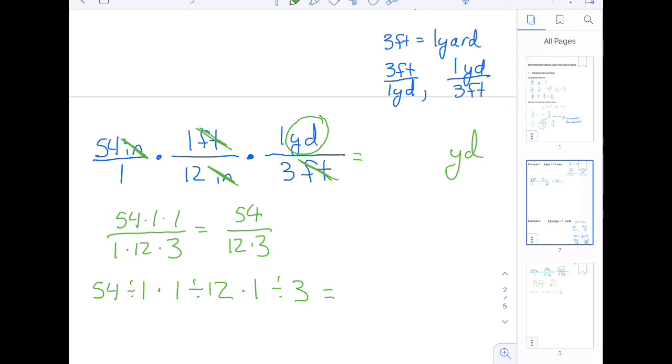Or here I could think about 54 on my calculator divided by 12 divided by 3 right there. So 54 inches is 1.5 yards.